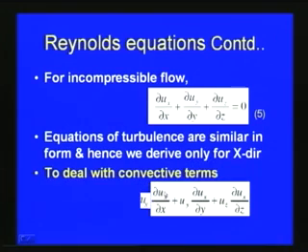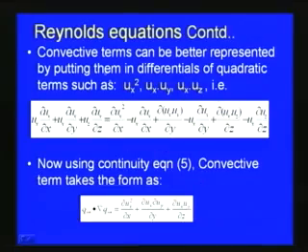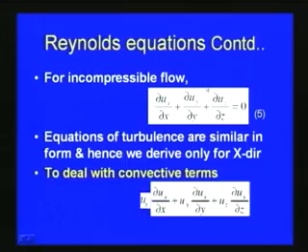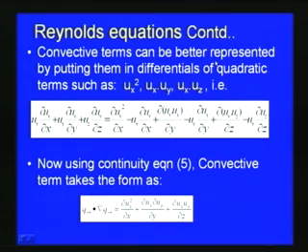They can be better represented by putting them in differentials of quadratic terms, such as u x square, u x into u y, and u x into u z, as written here.